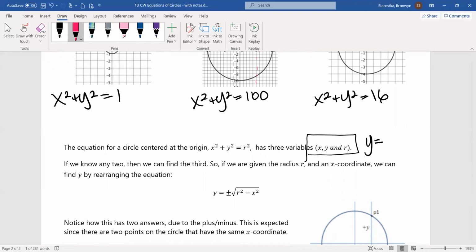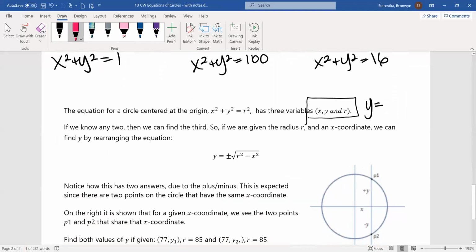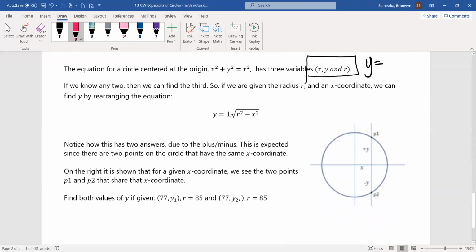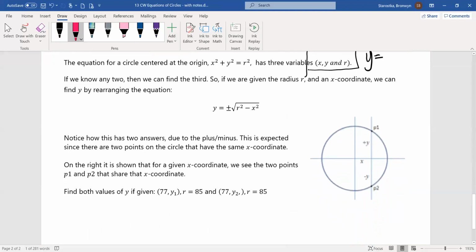If we're given the radius and the x coordinate, we can find y by rearranging the equation. Subtract x squared from both sides, and know that when you do the square root, you're going to have a plus and a minus. Now, we're not talking length, we're talking coordinate points. So notice how there are 2 answers.